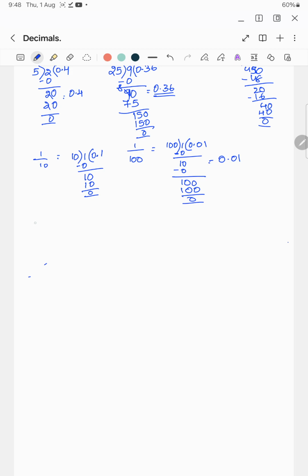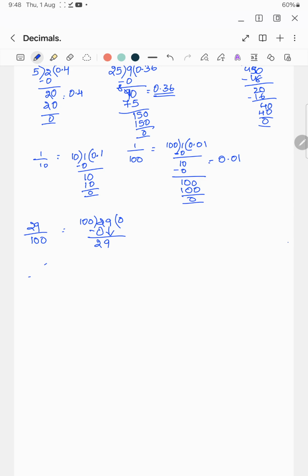Next let us check for 29 divided by 100. Okay, 29. Check for the first digit. So 2. There is no multiple of 100 which is equal to 2 or less than 2. So this will become 0. So 2 minus 0 is 2. Next, take the carry down 9.